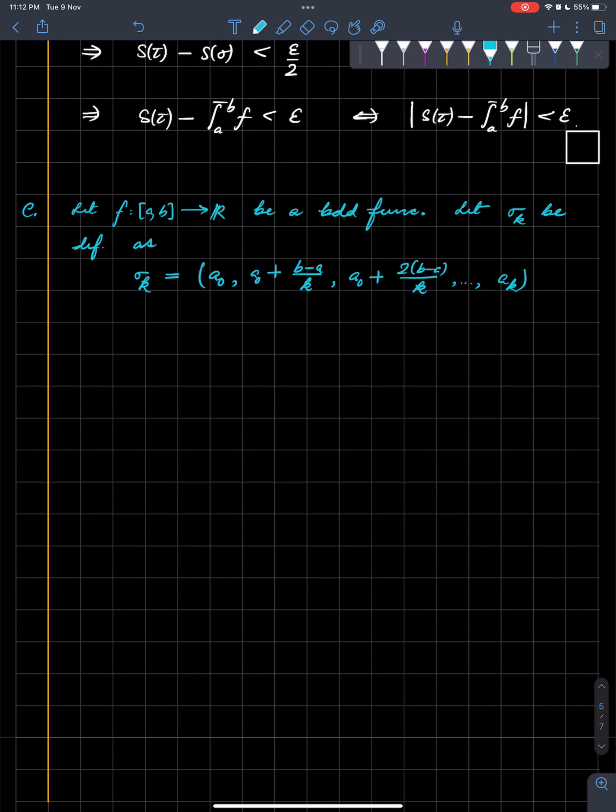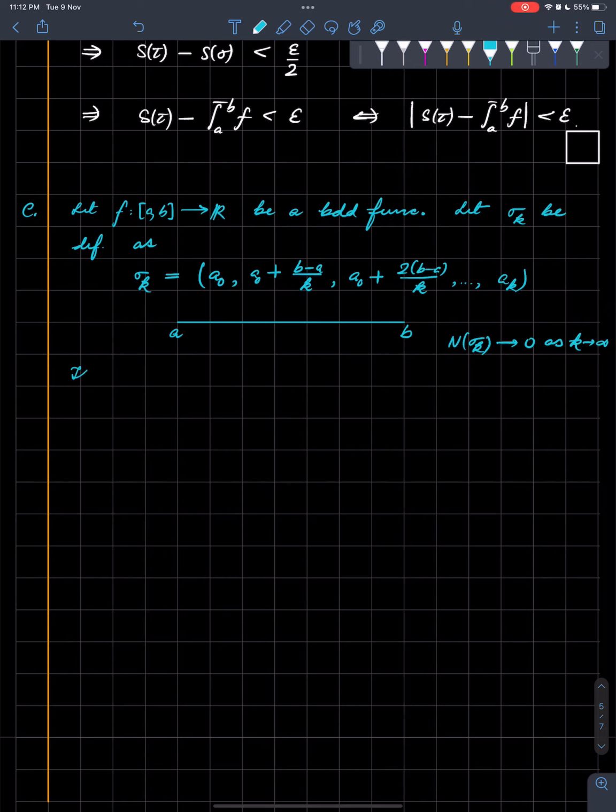Let's see what we are doing. So this is a and this is b. We are saying just divide this into k equal parts. Each part will have length that. So you have sigma k, and clearly then the norm of sigma k goes to 0 as k goes to infinity.